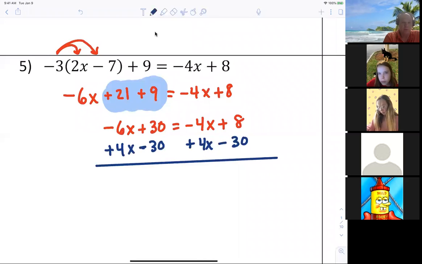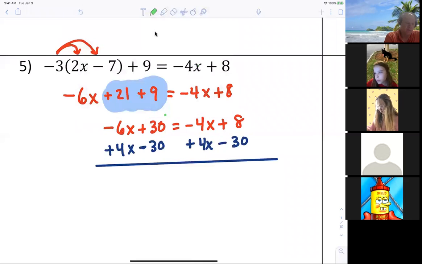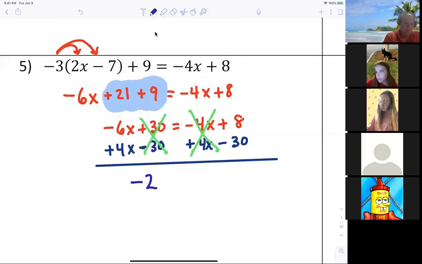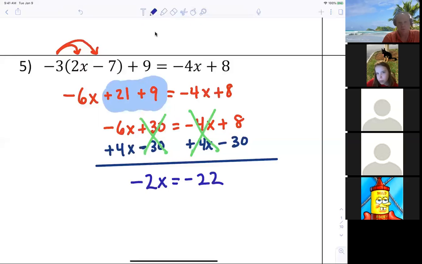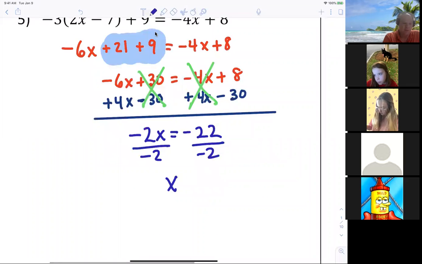These guys here cross out. -2x equals -22. Divide both sides by -2. X equals 11.